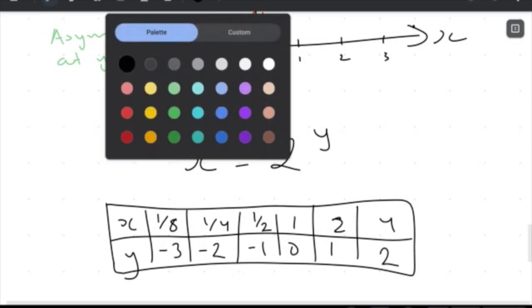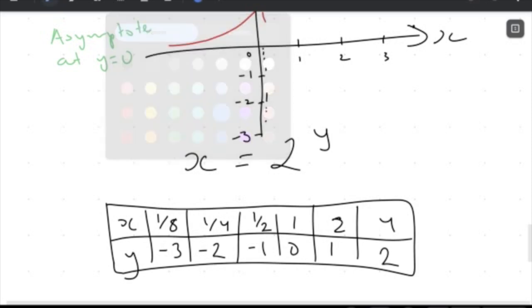Let's actually do this in a different color. So that's going to be about here. Okay, when y equals negative 2, x is going to be about 1/4, so something like this. When y equals negative 1, x is going to be about 1/2, so that's about here. Sorry everyone, the thing is bugging out a little bit, but that's okay.